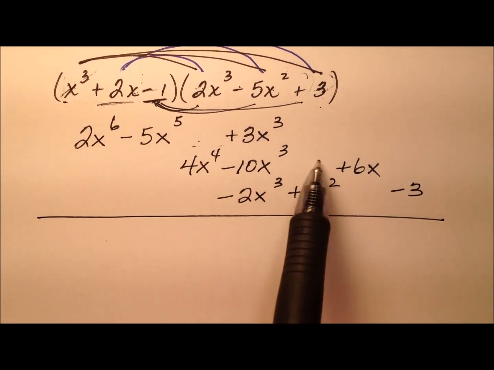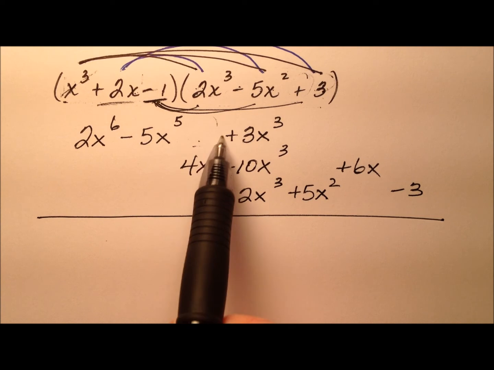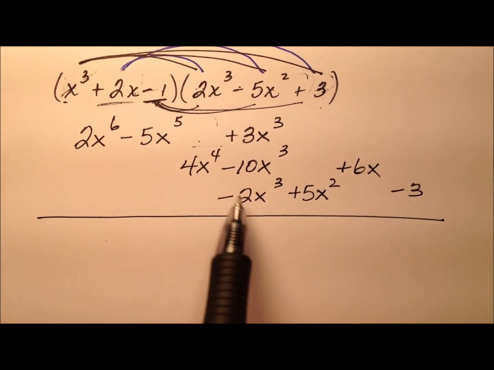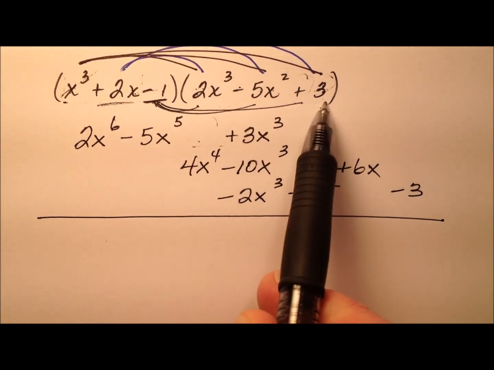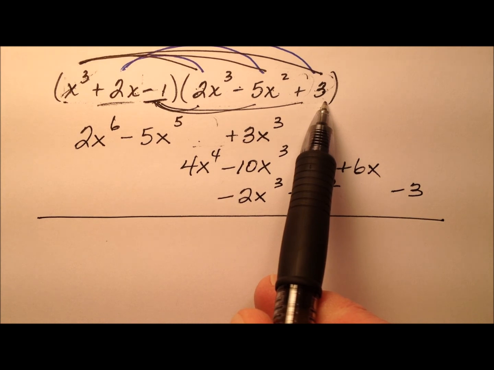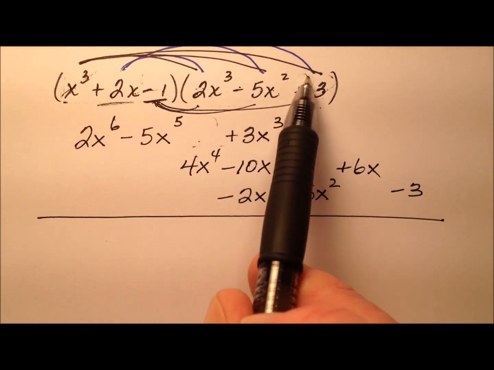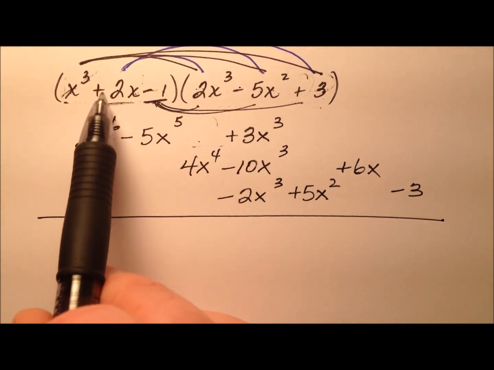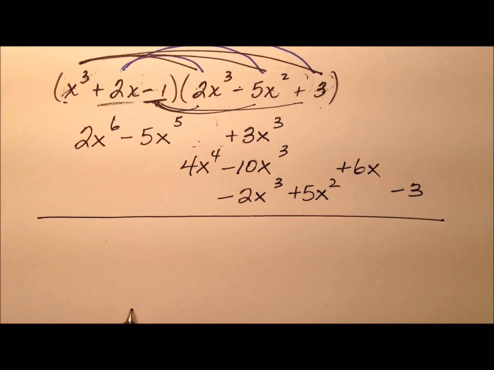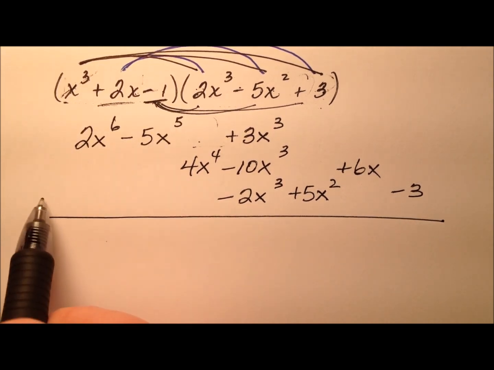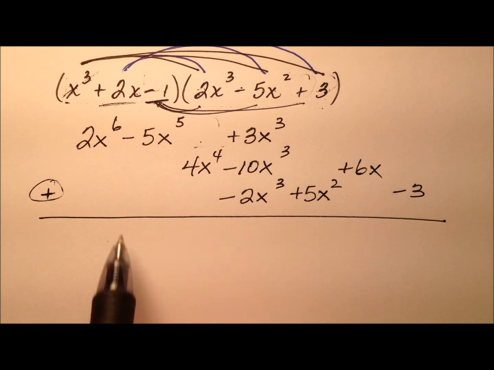You'll notice it seems like there's a lot of staggering here, but I have these open spaces, and that's because not every term had a coefficient other than 0. So I had this 0x here, and I had a 0x squared here. Okay, so now we're just going to add all of these polynomials together.